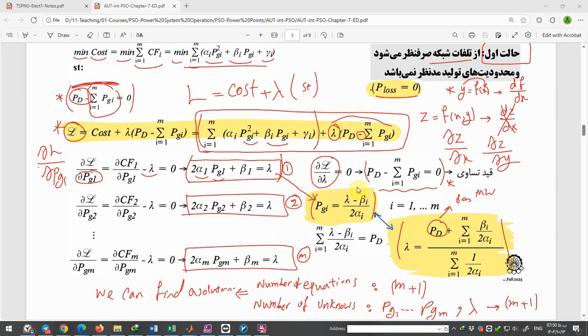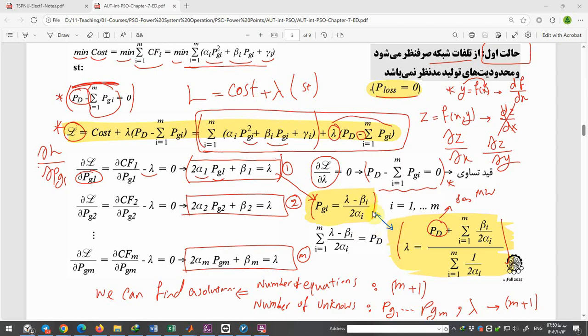And so this equality constraint, PD minus sigma PGi equals 0, is another equation. So the number of equations is M plus 1 and the number of unknown parameters is M plus 1. So PGi is equal to lambda minus beta over 2 alpha i.